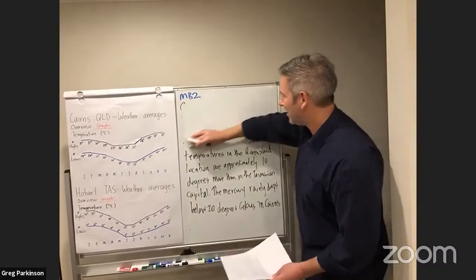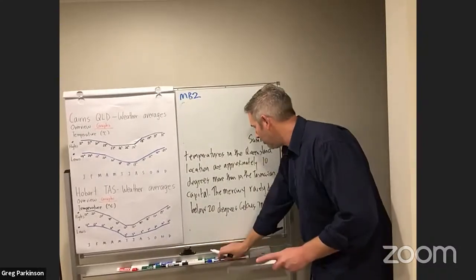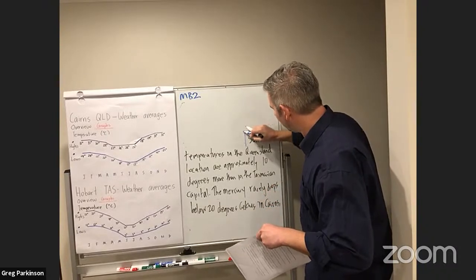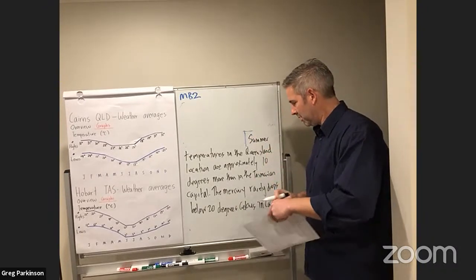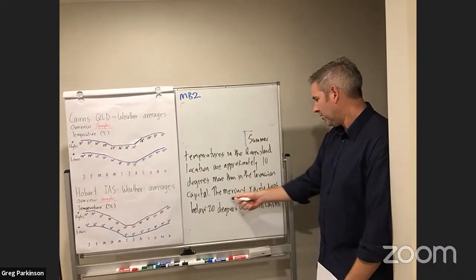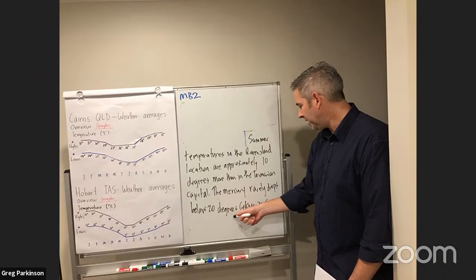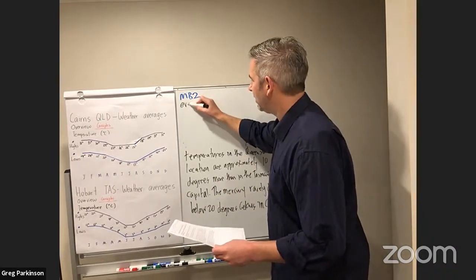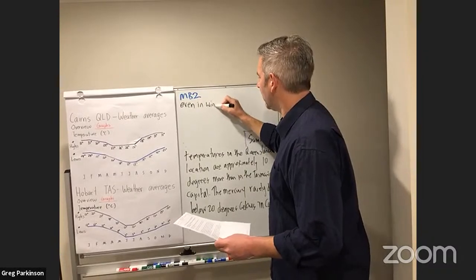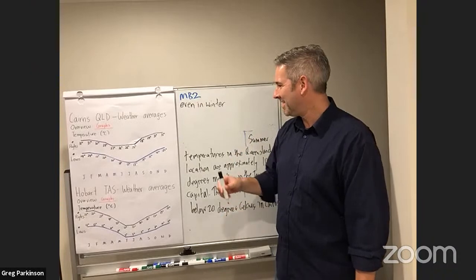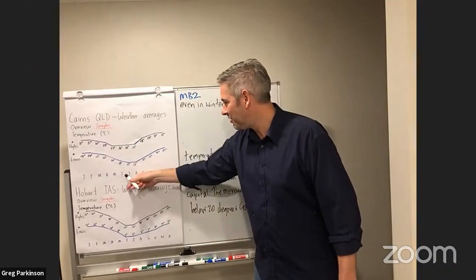Otherwise, I'll have nowhere to write, obviously. And just so you remember, this is the continuation from the first sentence. So we're heading back up to the top. So the mercury really drops below 20 degrees Celsius in Cairns, even in winter, right? Again, winter here in New Zealand and Australia is June, July, August.